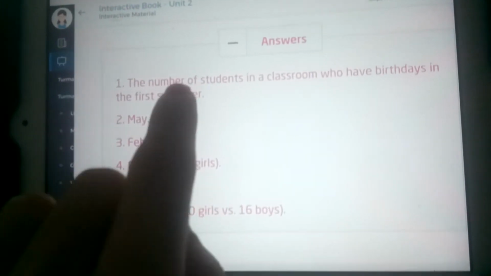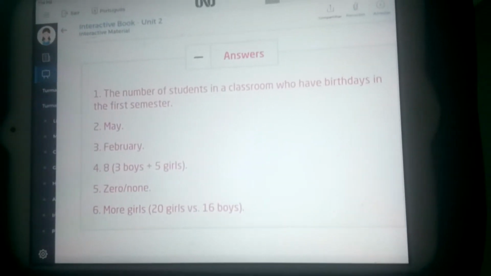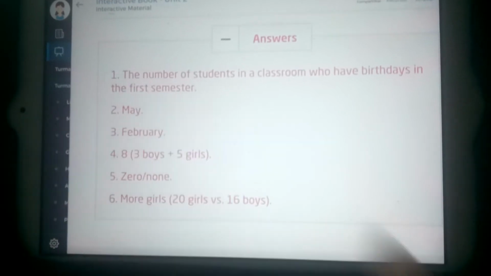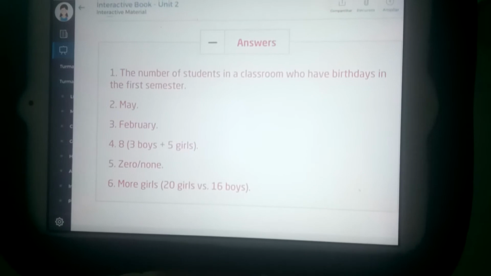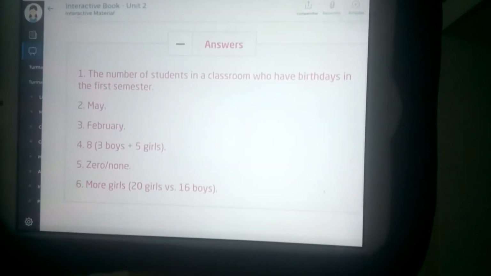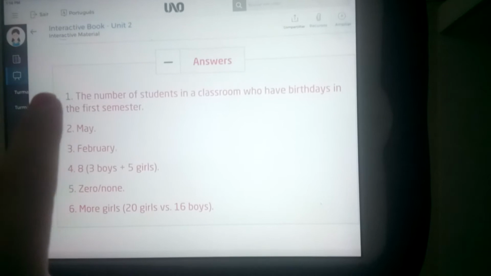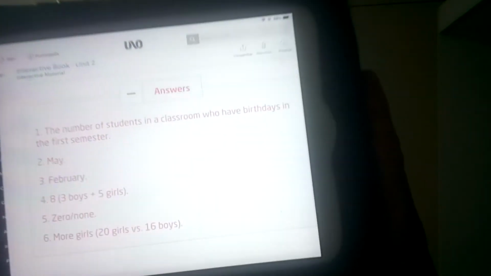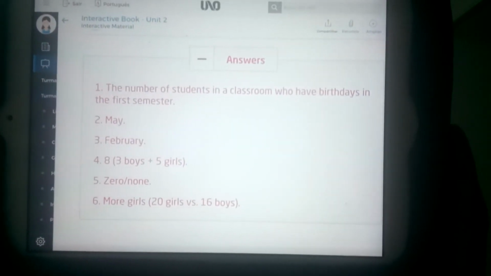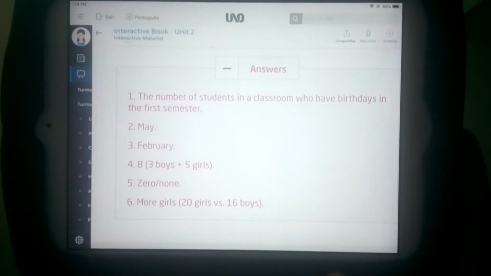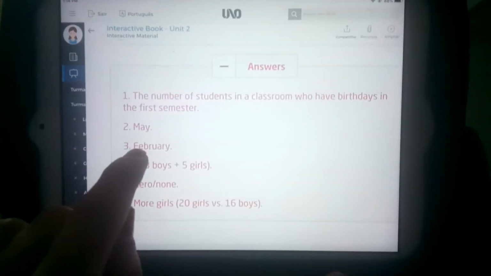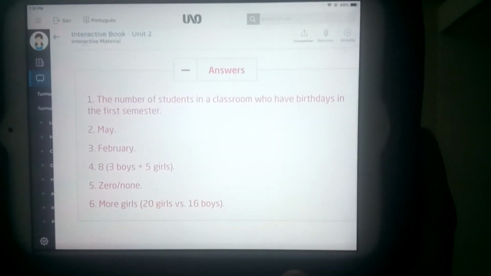I will show you the answers. Okay, so number 1. What does this graph represent? The graph represents the number of students in a classroom who have birthdays in the first semester. Question number 2. Which is the month with more birthdays? More birthdays is in May, and fewer birthdays, question number 3, February.